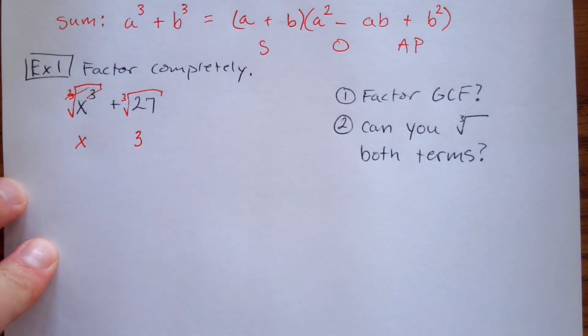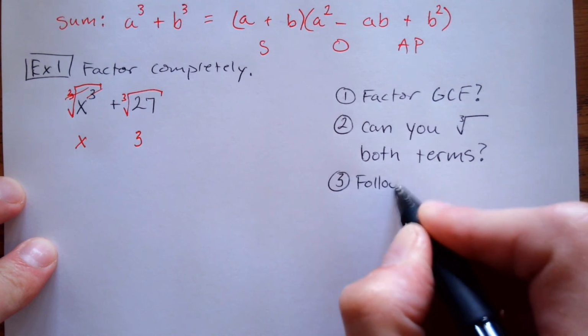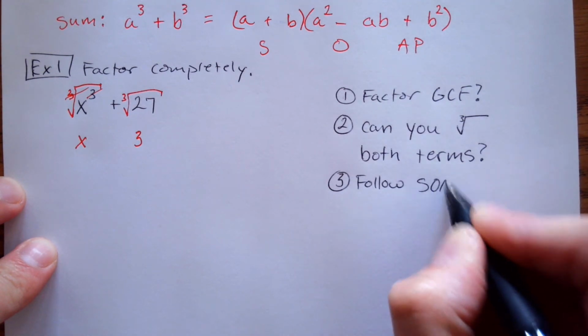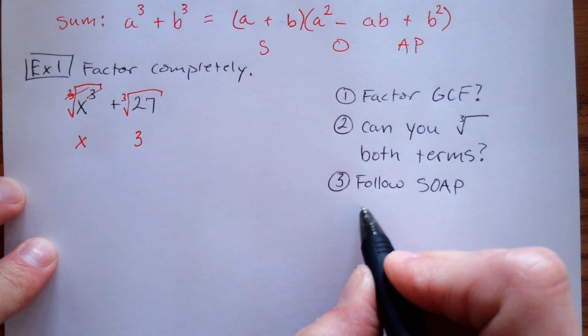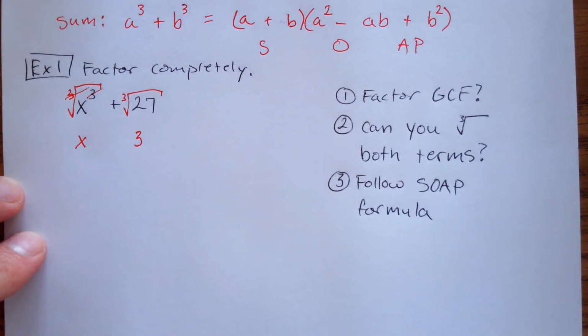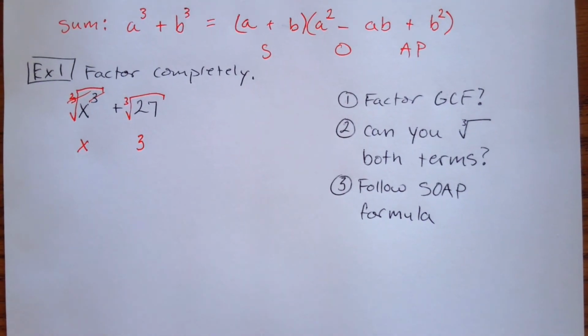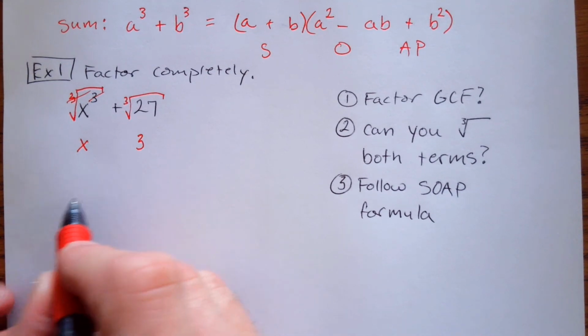Then the last step is to follow the same, opposite, always positive formula. And again, the way I do it, so I don't have to keep looking back at this formula, is first I write down my parentheses.